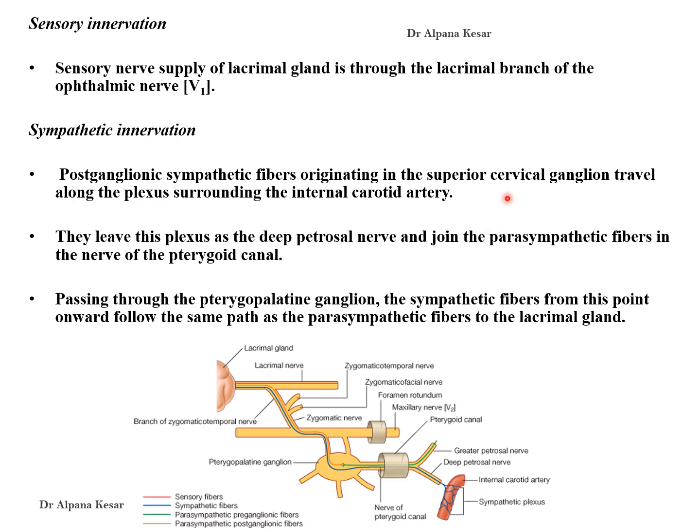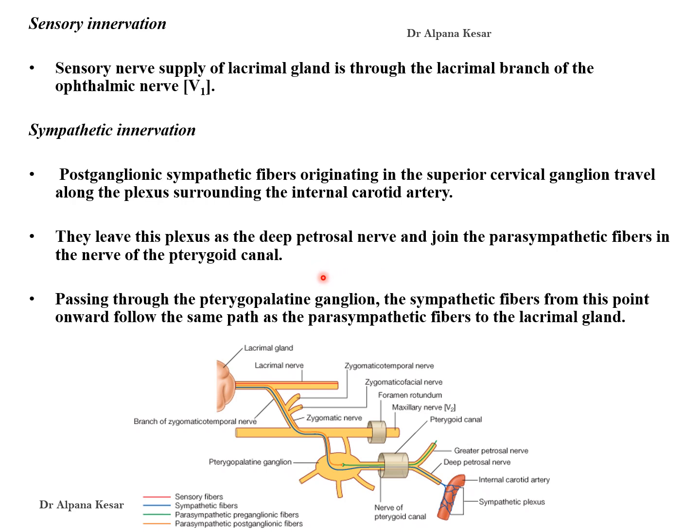The postganglionic fibers travel as a plexus around the internal carotid artery. The fibers then pass into the deep petrosal nerve, which joins with the greater petrosal nerve to form the nerve of the pterygoid canal.